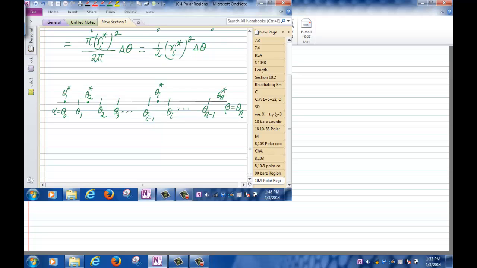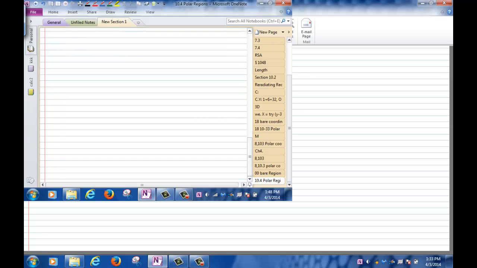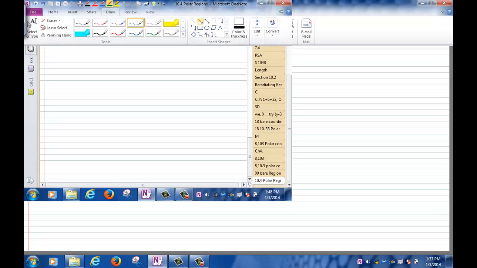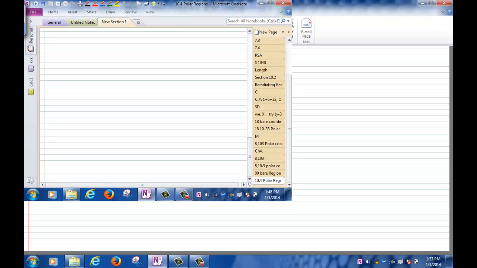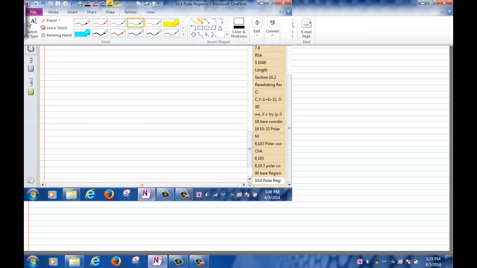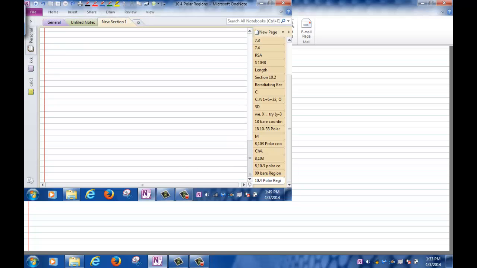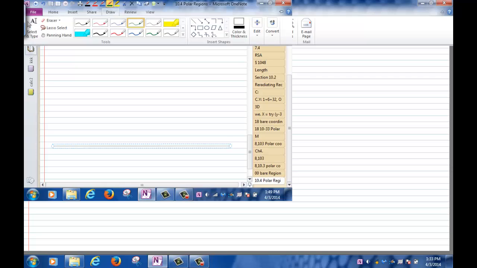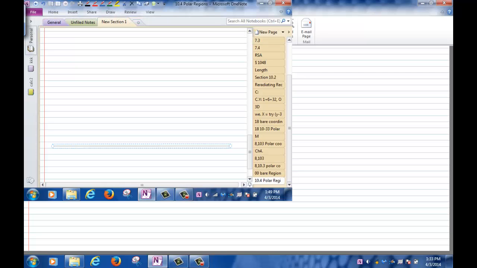Okay, so let's draw the polar region again. Let's say alpha will be drawn like this.